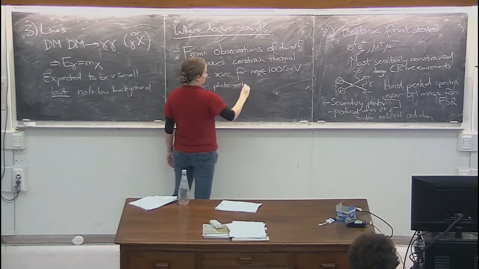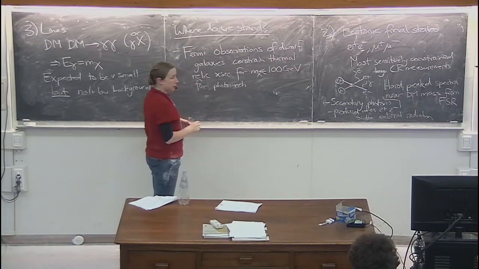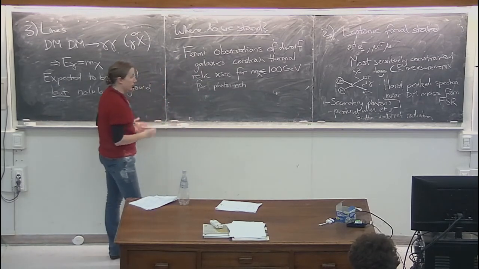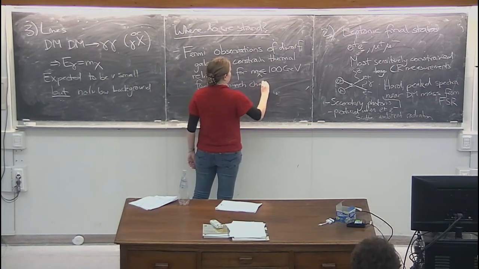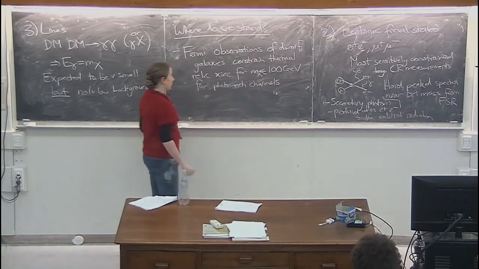They show examples for b quarks and tau leptons, but they produce their full likelihoods and their full data. So if you have a different spectrum that you want to check, you can actually just download the data and check it for yourself.